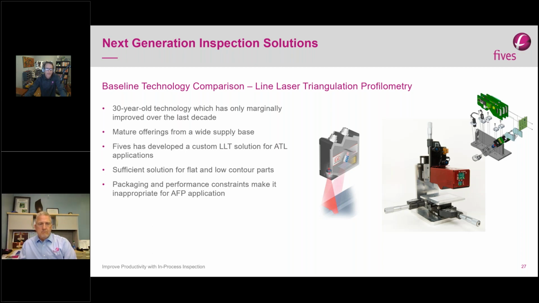They've gotten blue lasers, we've gotten faster processors, we got bigger imagers, which have been a problem, and no features that make it better for composite inspection. The upside is that these are mature offerings and we know if they work for a specific application, then we use them. Thieves even has developed a custom line laser triangulation solution for our ATL, which you see on the right.